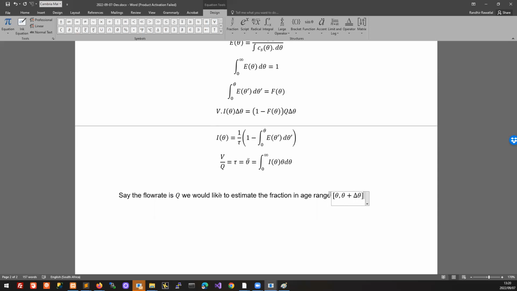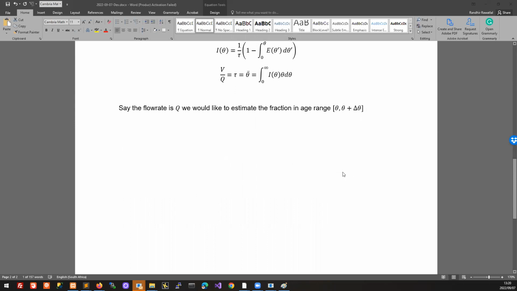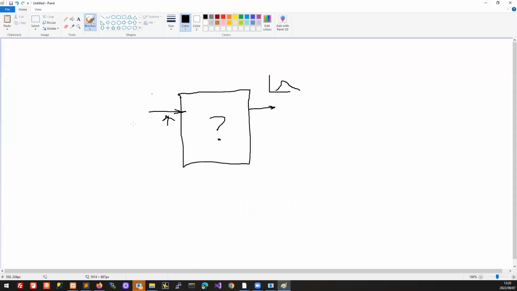We would like to estimate the fraction in that specific age range. Then we can think about this range itself and recognize that it takes delta theta time units for this fluid to enter the reactor. So let's think about that in terms of perhaps some real numbers.